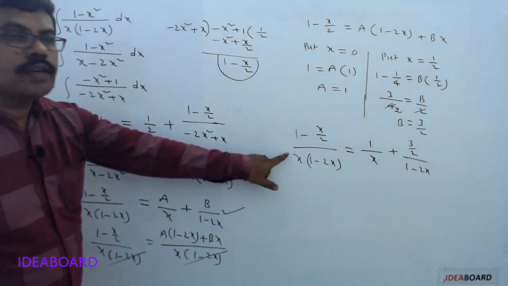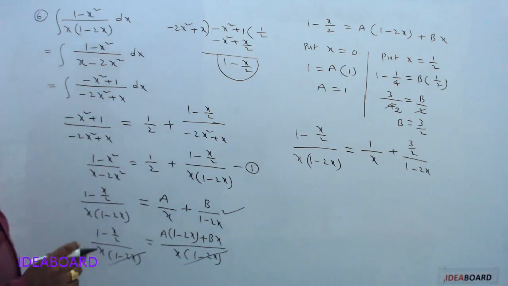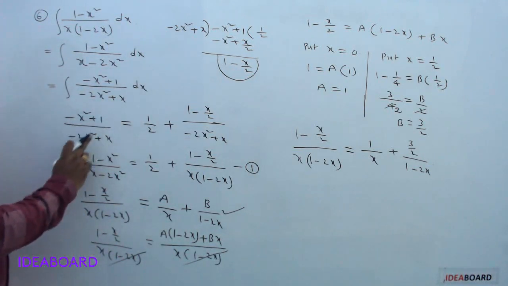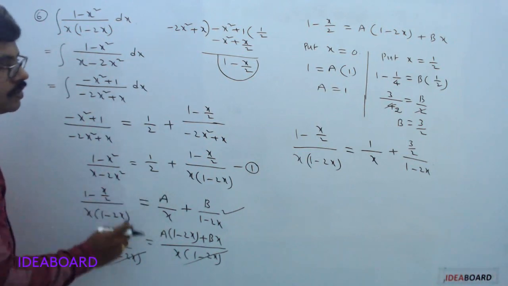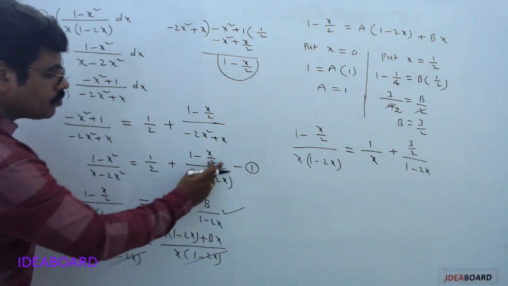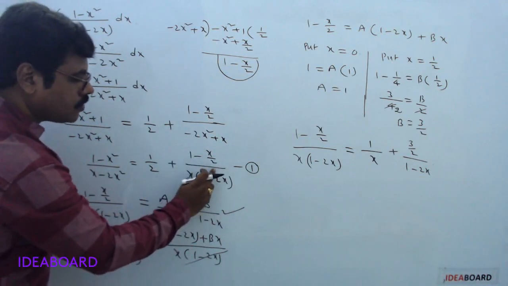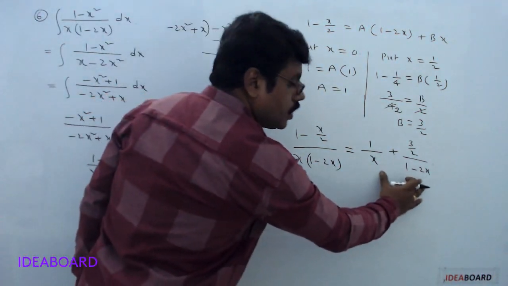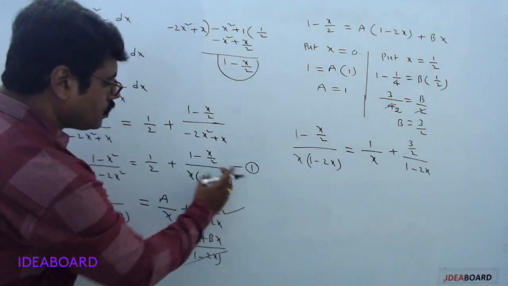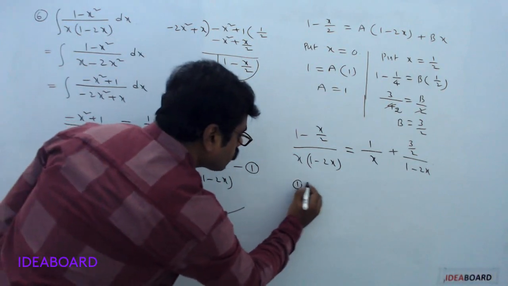But this is not your given problem. What is your given problem? Minus x square plus 1 divided by minus 2x square plus x. So in this equation, in place of 1 minus x by 2 divided by x into 1 minus 2x, you can substitute this value. So take equation 1.